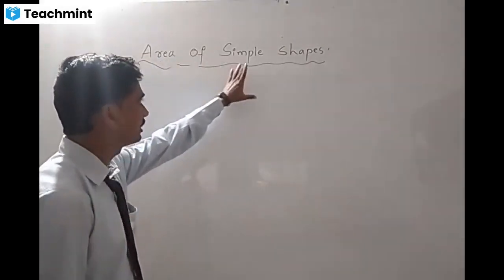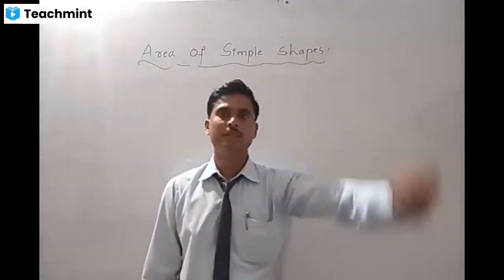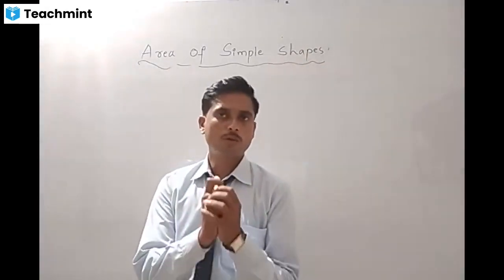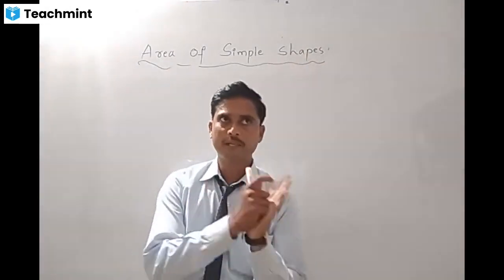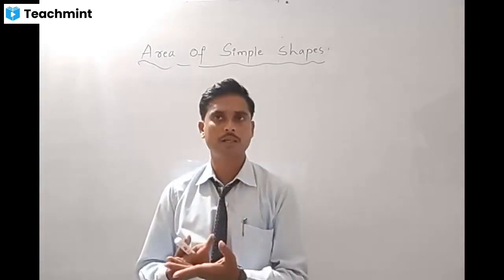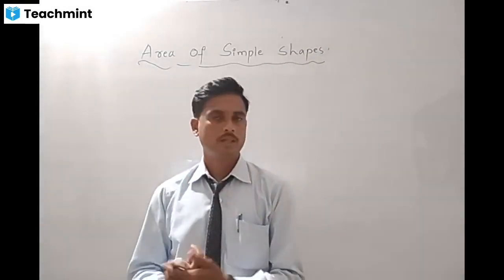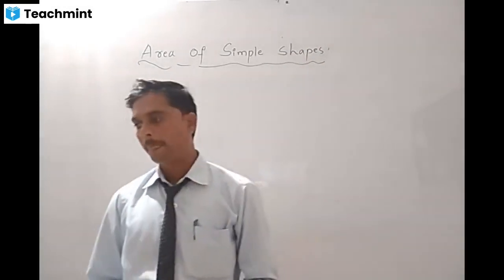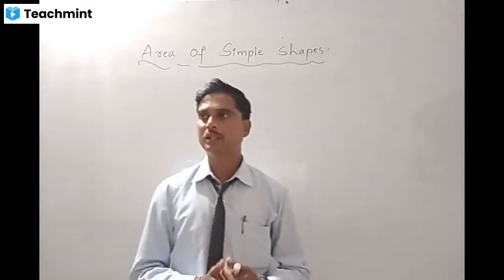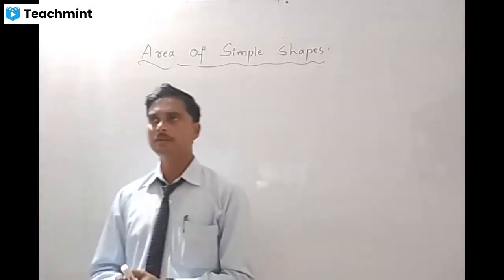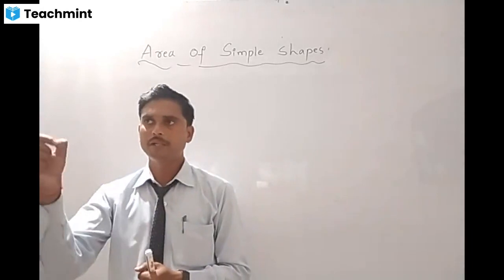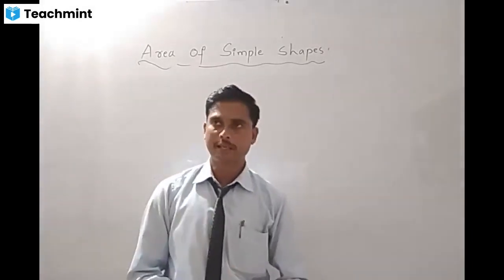Today we are going to discuss area of simple shapes. Yesterday's class, what did we discuss? Yesterday means Friday, not Sunday. On Friday we discussed the perimeter of simple shapes.